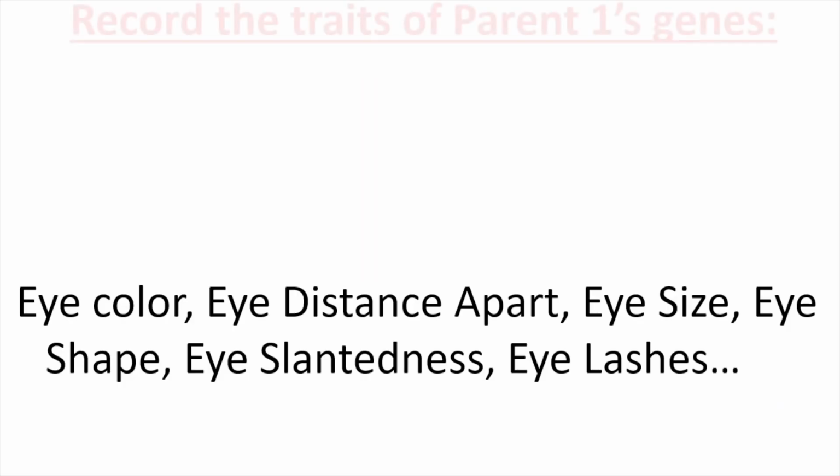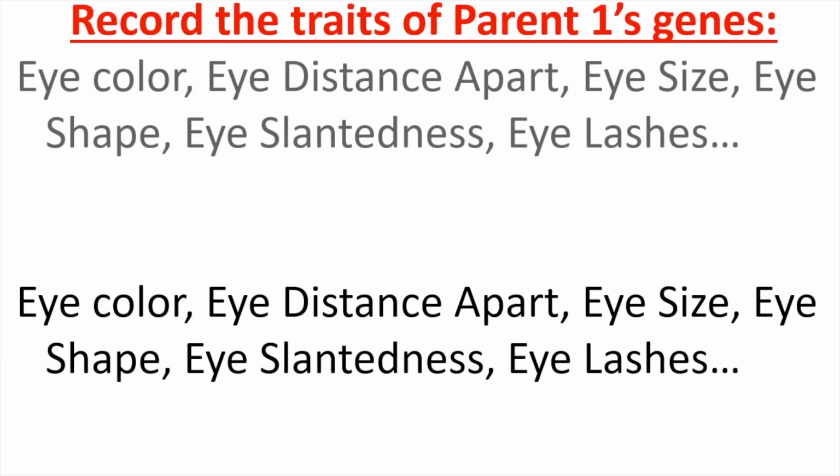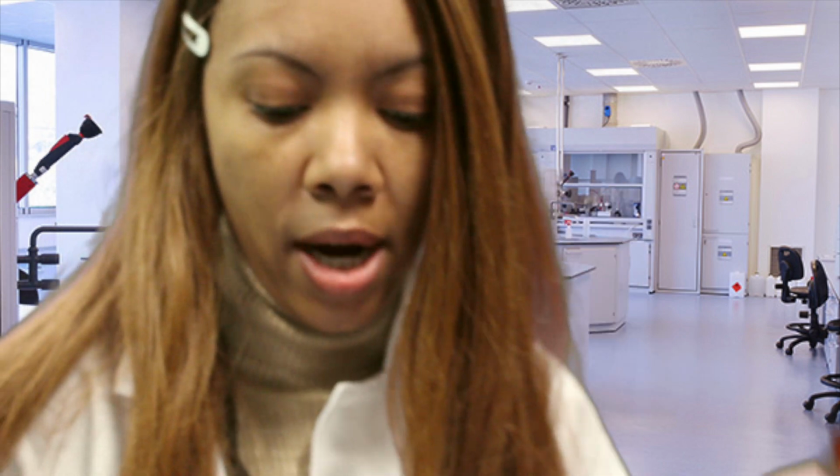Eye color, eye distance apart, eye size, eye shape, eye slantedness, eyelashes. Eye color, darker eyes are more dominant. So also dealing with eyes distance apart, those that are kind of close together is more of a dominant trait versus medium distance apart is a medium trait. And then eyes that are far apart, that's actually a recessive trait.